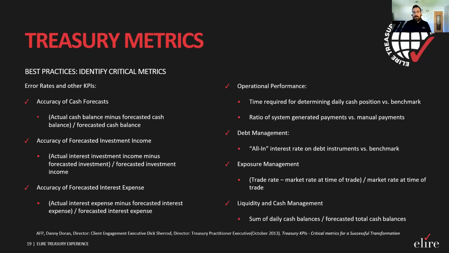And for operational performance, we can also look at time required for determining daily cash position versus a benchmark, a ratio of system generated payments versus manual payments. These are things that we can look at operationally versus just looking at error rates of our data.